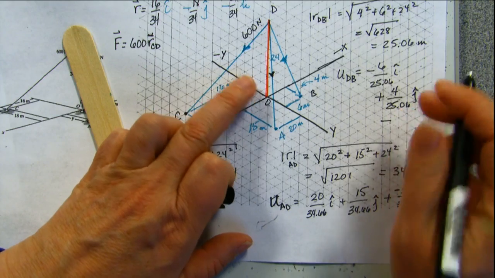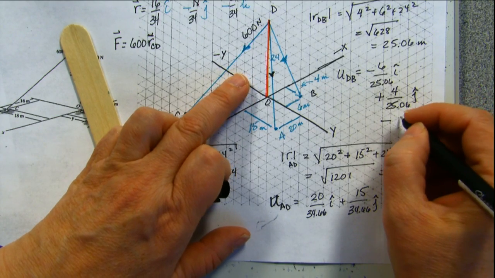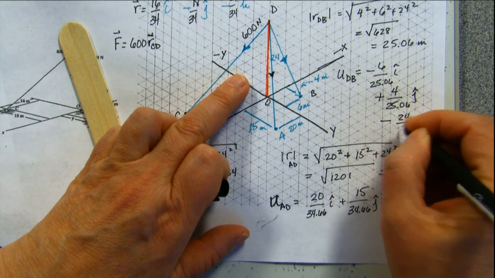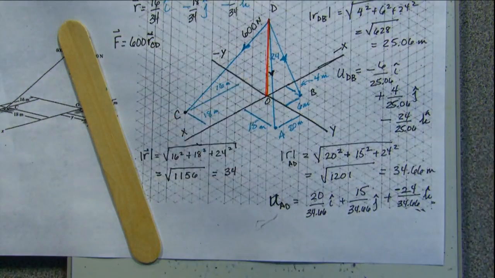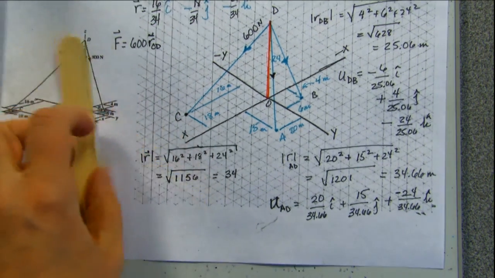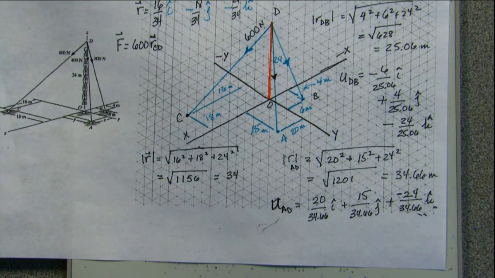And it's in the negative z direction, so it's a negative 24 divided by 25.06. So it gives you an opportunity to see how it helps, and you see how I get the unit vectors.